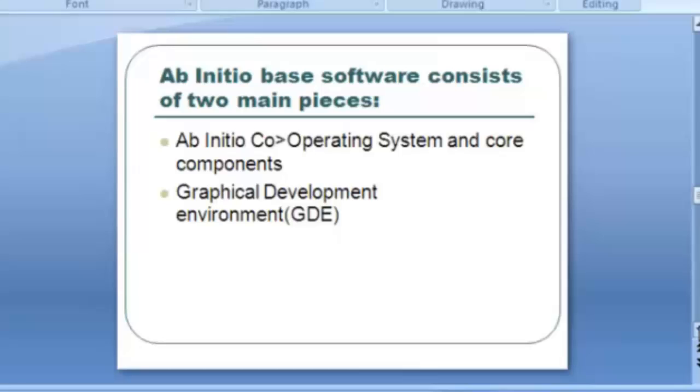As I already told, it has the operating system, which is nothing but the Ab Initio engine, and the GDE, where we develop the graph with the help of the component organizers, where you get a lot of facilities to play with the data, extract the data, load the data, and make whatever changes you want as part of the ETL, as part of the business.